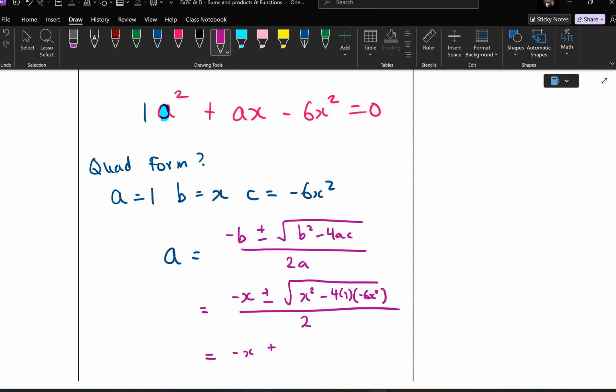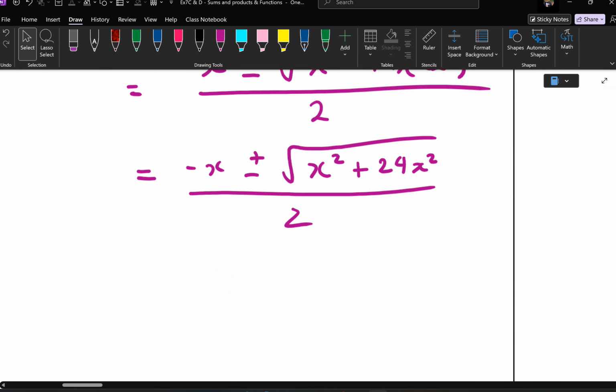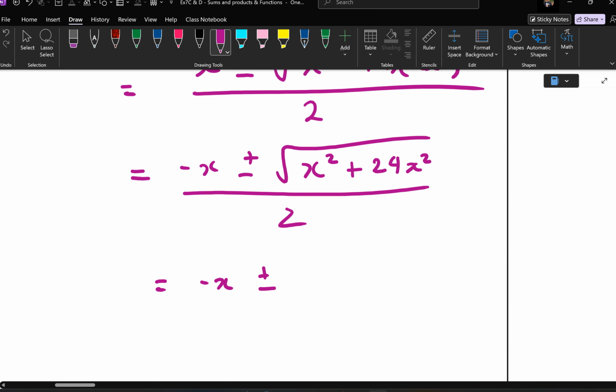Not too bad. Negative x plus minus square root of x squared plus 24x squared, is that right? Yeah, that looks right. Over 2, but then x squared plus 24x squared is the same thing as writing plus minus root of 25x squared.